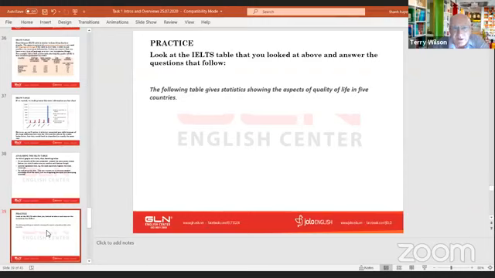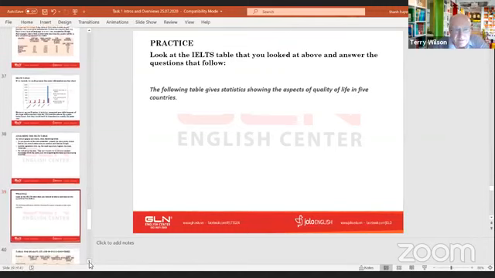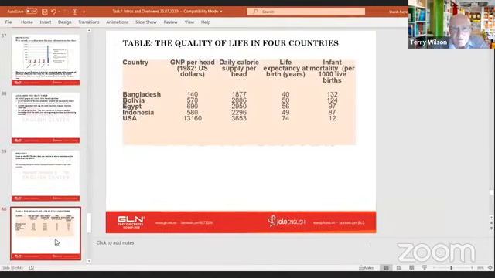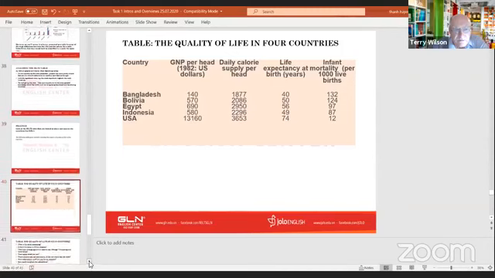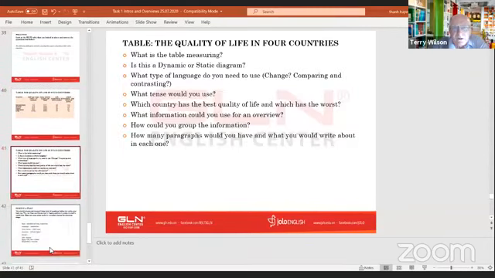So this is the question. The following table gives statistics showing the aspects of life in 5 countries. So what do you look for? What is the table measuring?